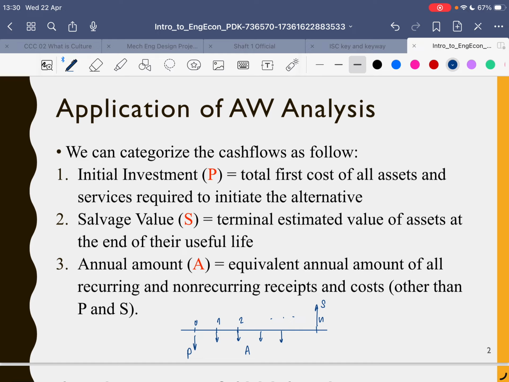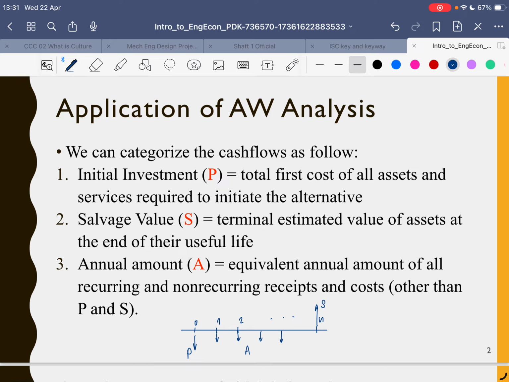You consider only P and S. And the capital recovery is the minimum amount of money an investment must return each year to recover the initial investment at a return of MARR. The CR is the return per year that you need to receive in order to cover the initial investment.